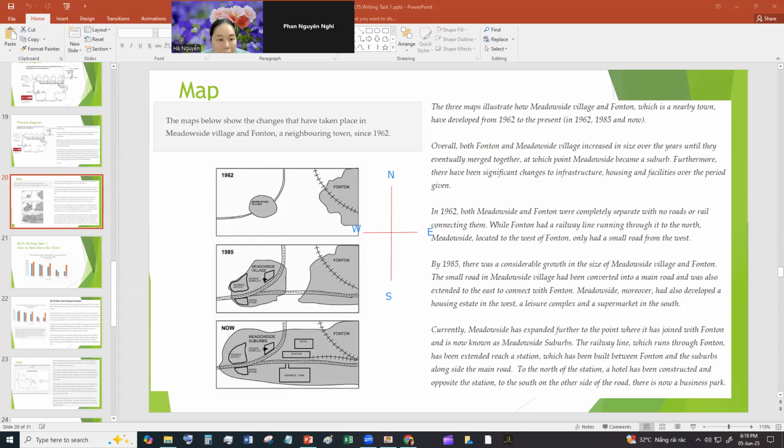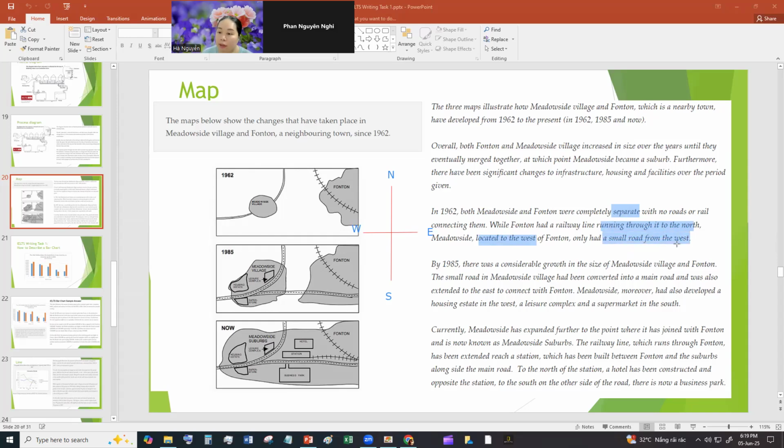So actually two features of map description. Firstly, there are phrases to show location. Running through it to the north, located to the west, a small road from the west.